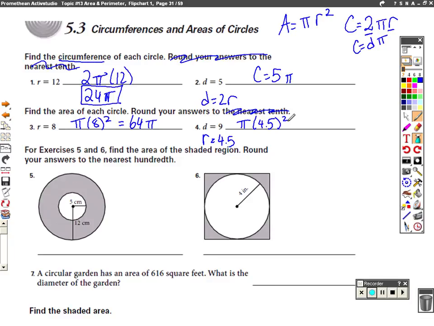And we can see that 4.5 squared is 20.25. So 20.25 pi. If you had left it like a fraction, which you are welcome to do, you're going to end up with 9 halves squared times pi, which is 81 over 4 pi. That's just an alternative.